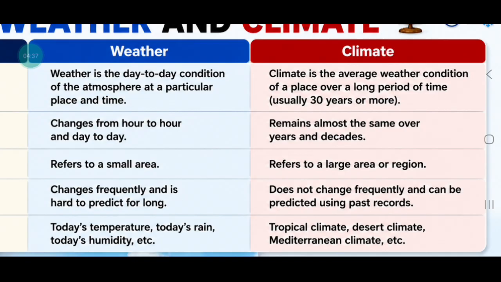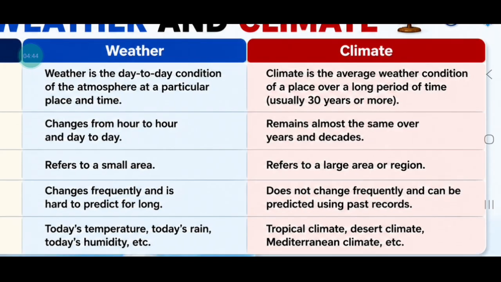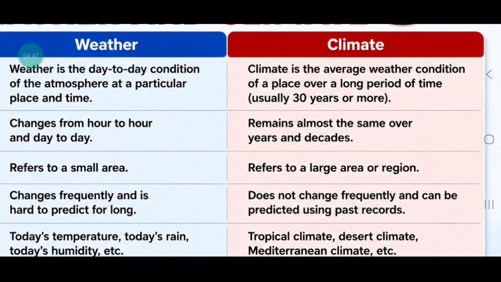When we say weather change, it doesn't create much panic in our mind. But when somebody says climate change, then it creates panic in our mind. It happens because climate change means a variety of environmental climatic problems, temperature related, rain related.